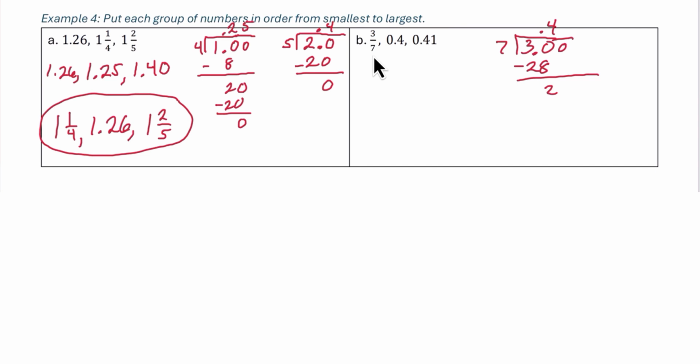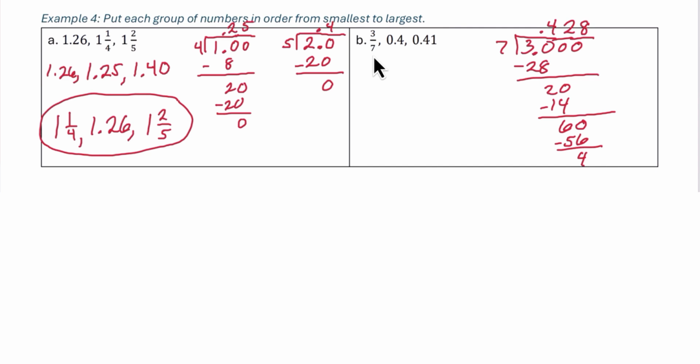We'll drop down that 0. 7 goes into 20 2 times. 2 times 7 is 14. Subtract and we get a 6. We'll add a 0 and drop it down. 7 goes into 60 8 times. 8 times 7 is 56. Subtract and we get a 4.